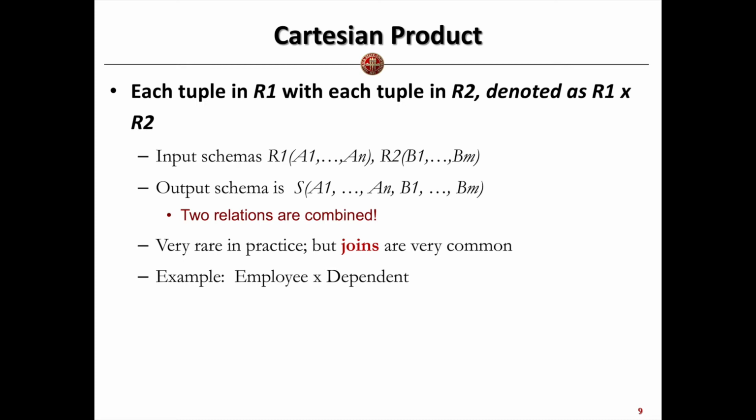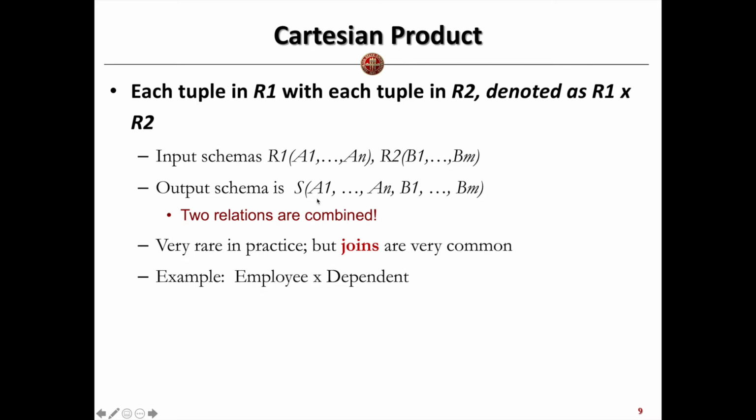In other words, we combine all the attributes from the two input relations to compose the output relation. You see, this product can be very expensive because the output relation will be a very big table, right?